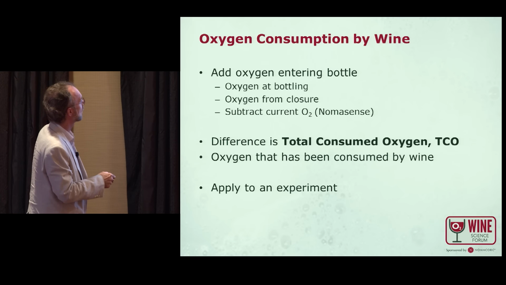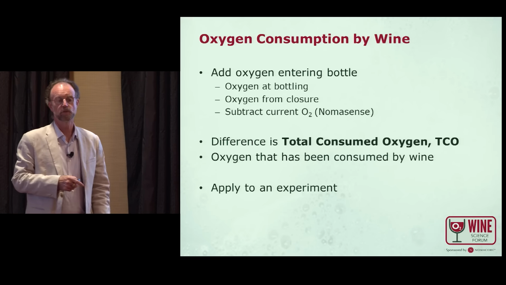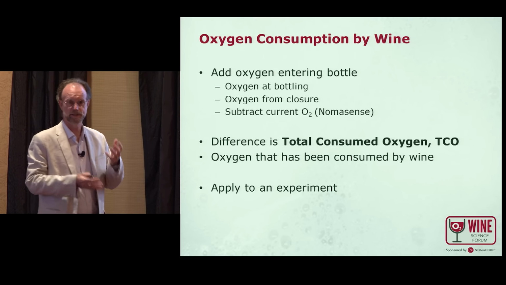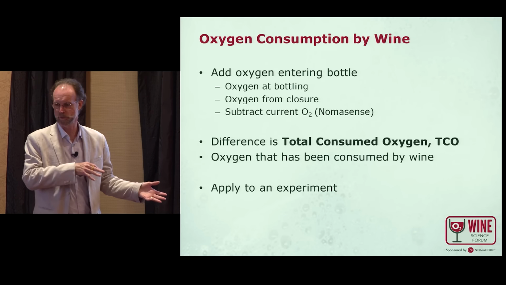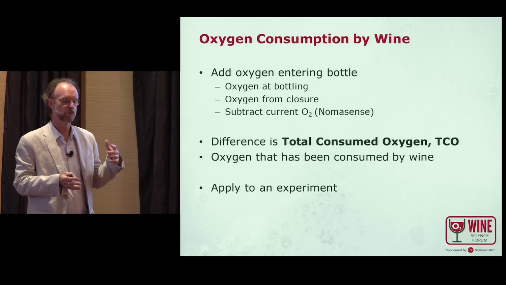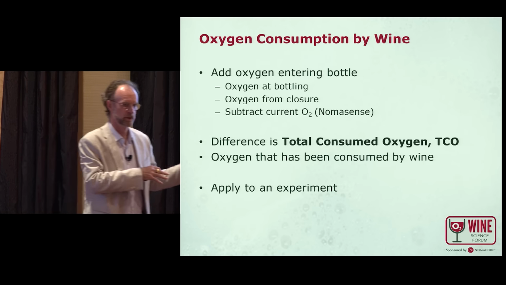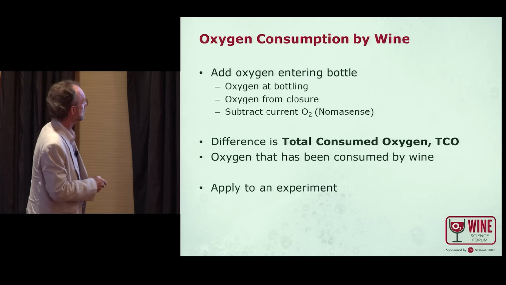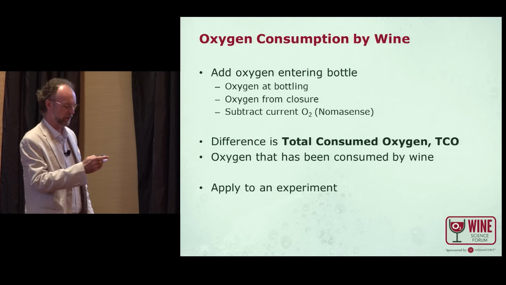And then we have the current oxygen, which we'll measure in that bottle, okay? So the balance then is the oxygen that's disappeared into the wine. We're saying that's the oxygen consumed by the wine, okay? All right, and we're going to apply that to our experiment.